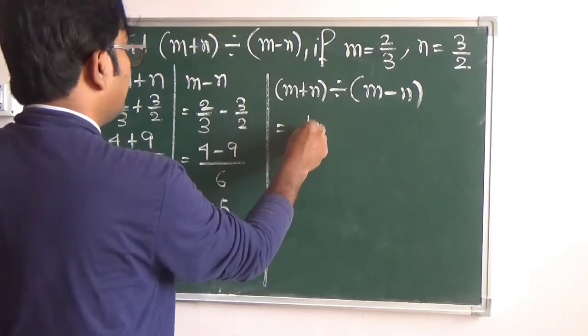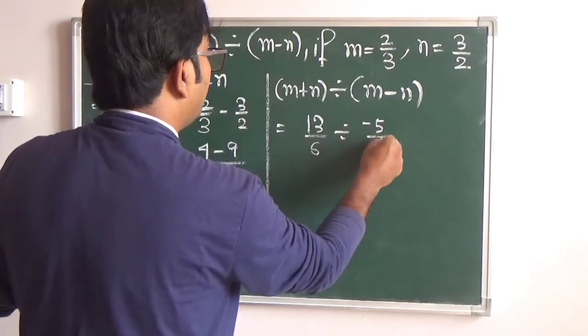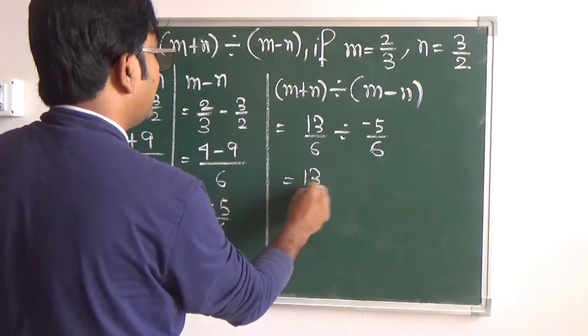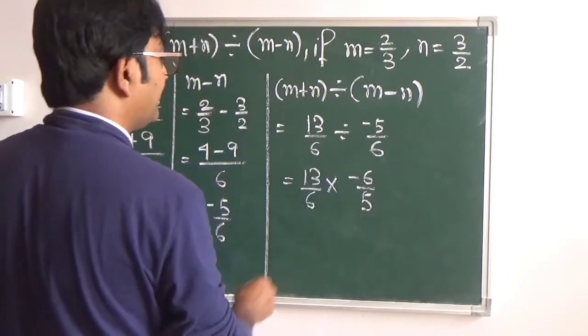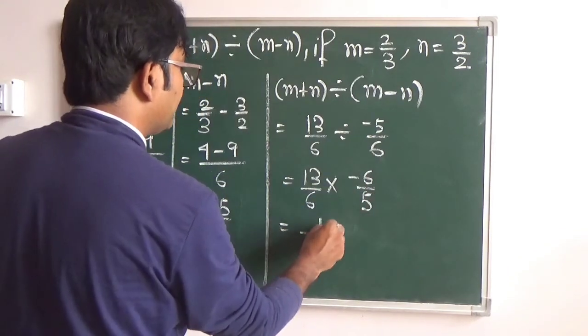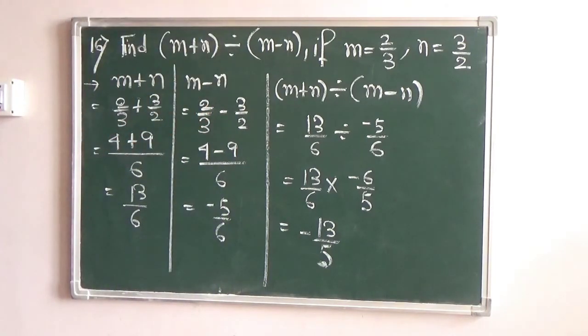So m plus n we have got 13 by 6 and divided by minus 5 by 6. So you write 13 by 6 multiplied by minus 6 by 5. 6 and 6 will cancel out. So final result will be minus 13 by 5. One negative sign, the final result will be negative. So the answer is minus 13 by 5.